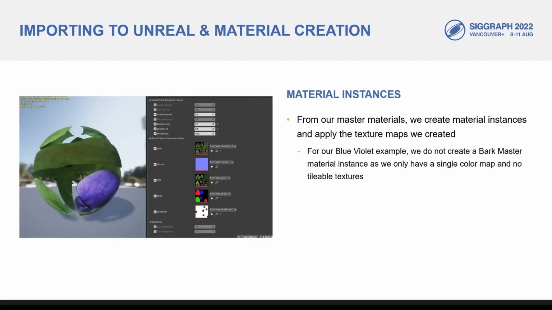So from our master materials in Unreal, we of course will create material instances for each plant. For our blue violet, we aren't creating a material instance of the bark master, as I mentioned, because we're only using a single color map and a billboard map.